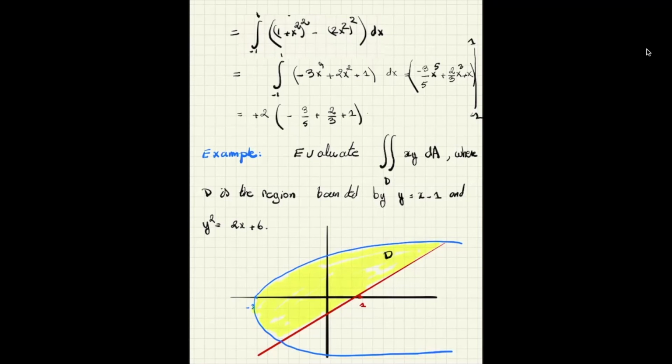Okay, so again, we have to find the intersection. So here we have a first intersection, and then we have another intersection, and then we have these two here.